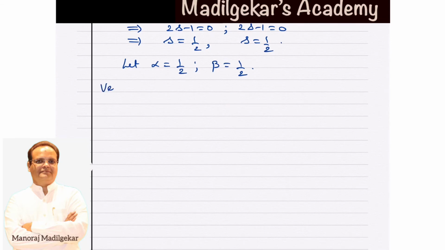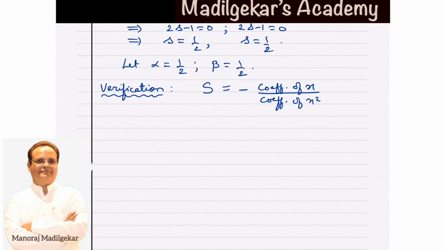Now verification. First is to verify the sum. Sum is minus of coefficient of x upon coefficient of x square. That is alpha plus beta equals to minus b upon a.